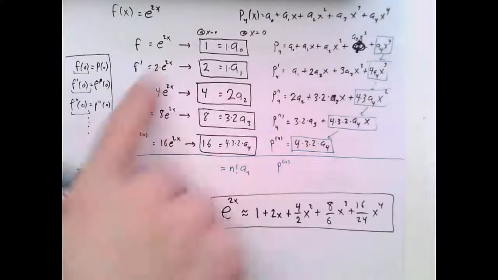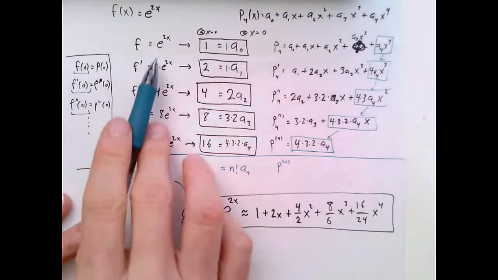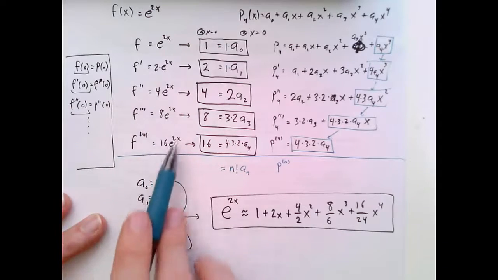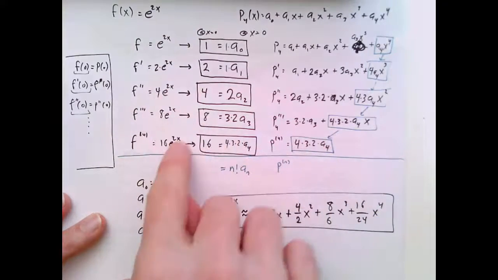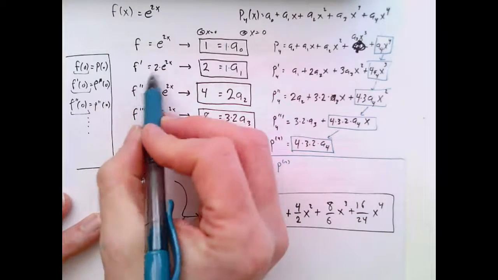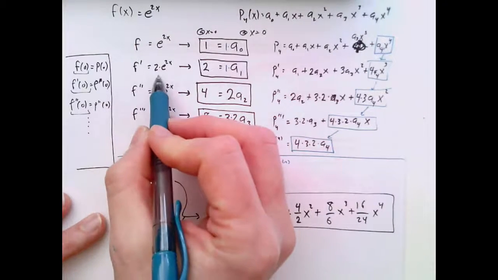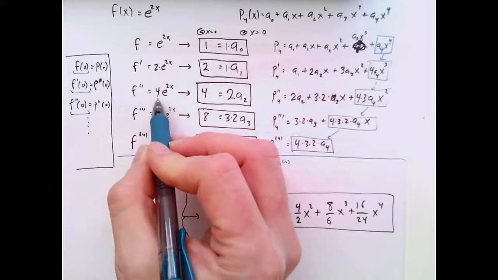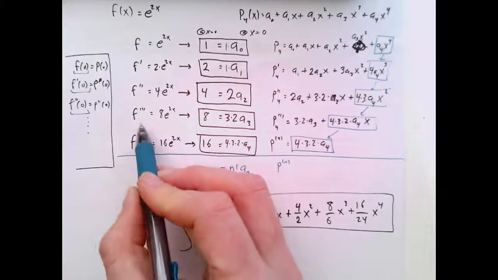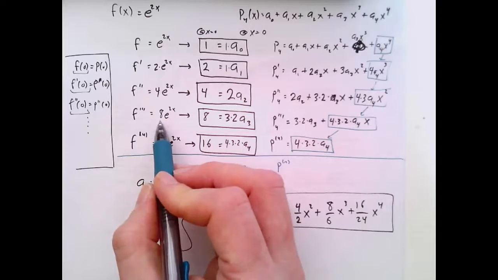Okay, what about on this side? So on this side, it looks like the e to the 2x is always there, but it seems like every time I take a derivative, a 2 is coming down. So here I have the first derivative, and I've got 2 to the first. Here I've got a second derivative, and I've got 2 2's, which is 4. Here I've got the third derivative, and I've got 2 times itself 3 times, which is 8.